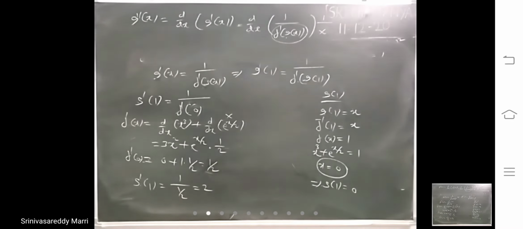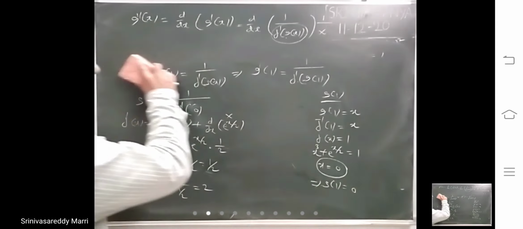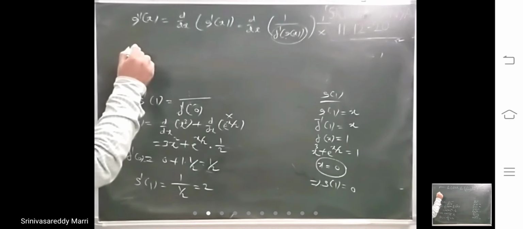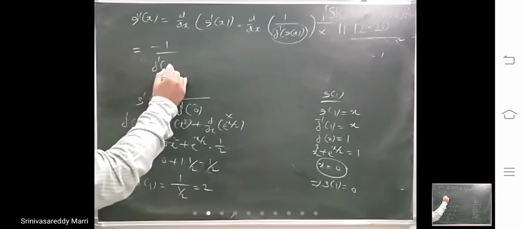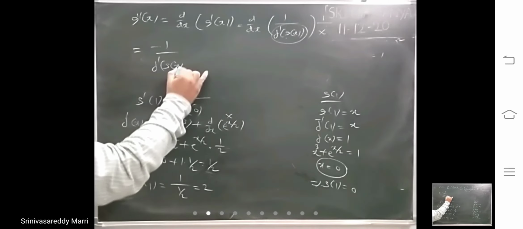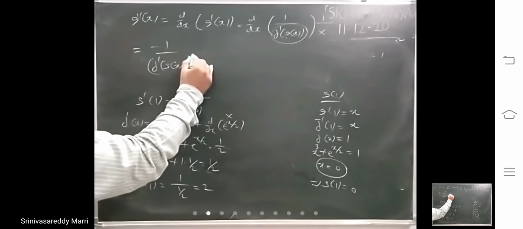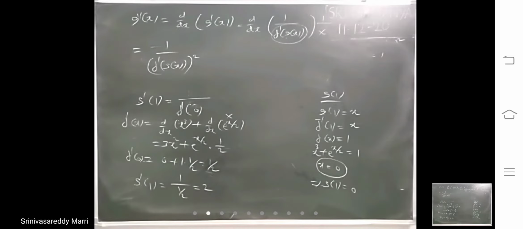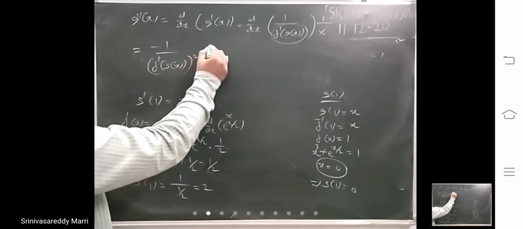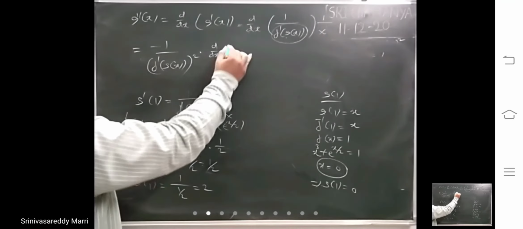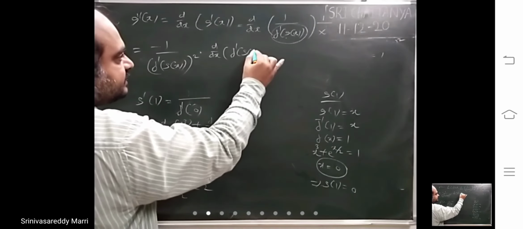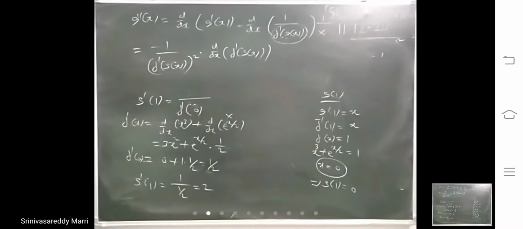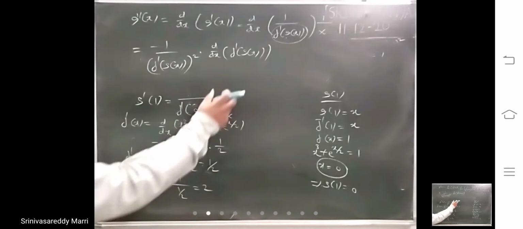D by dx of 1 by capital X is nothing but minus 1 by capital X square. That is the direct formula for d by dx of 1 by x. Minus 1 by x square into d by dx of f dash of g of x. So now again we do the derivative.